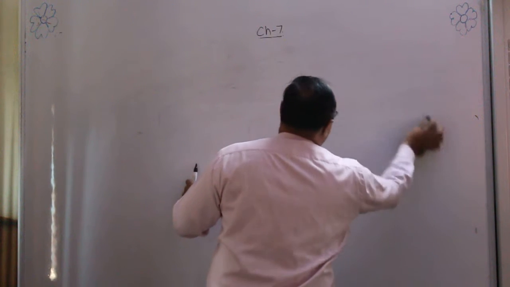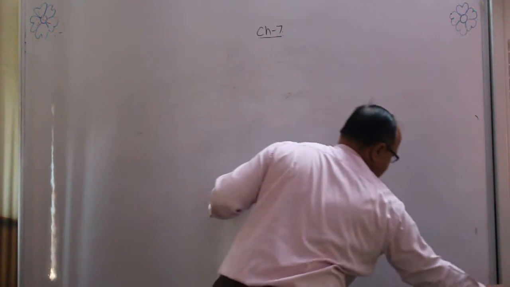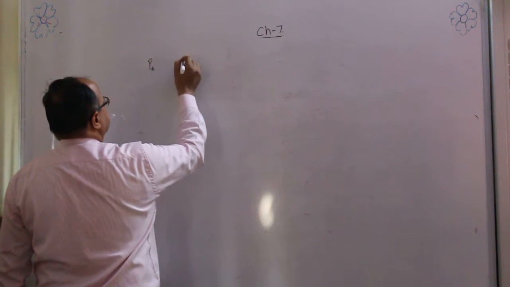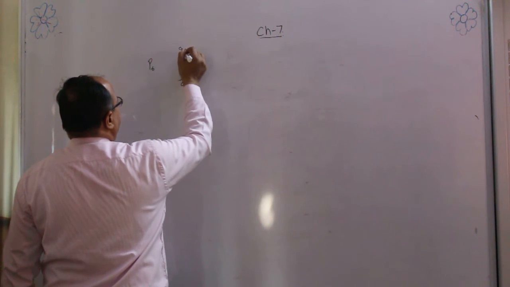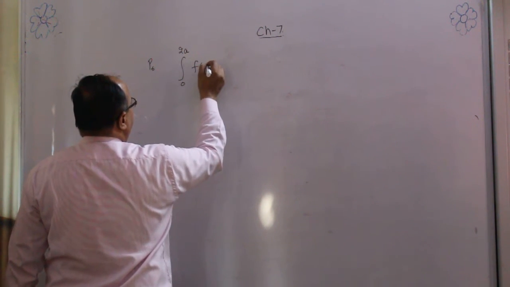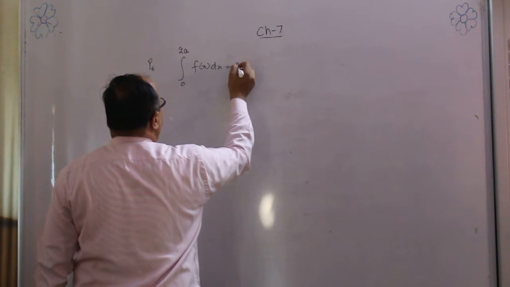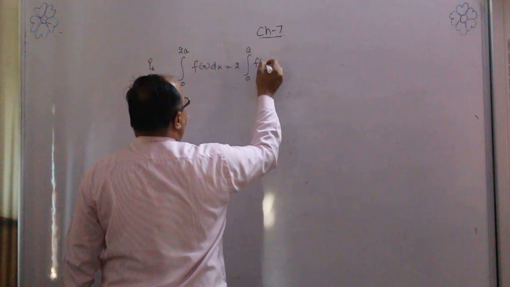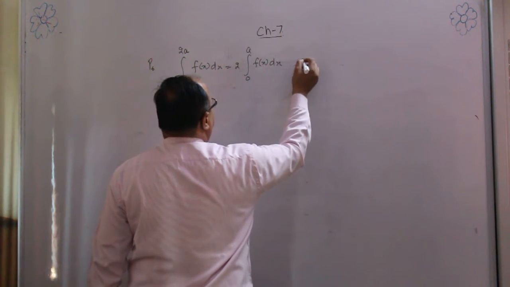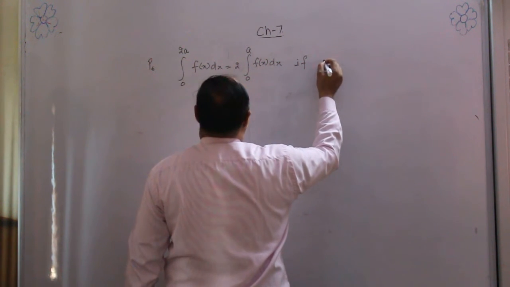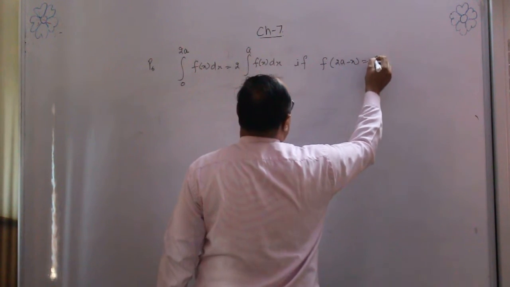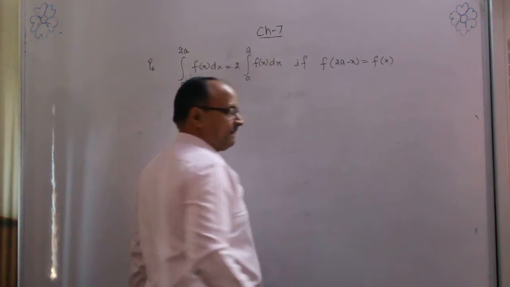Next, property P6: integration 0 to 2a f of x dx. You can write it as twice integration 0 to a f of x dx, if you satisfy this condition, f of 2a minus x is equal to f of x.